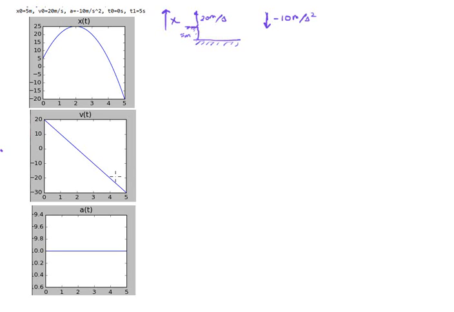the slope of the v versus t curve is the acceleration. So the slope of the v versus t curve is the acceleration. All right, so this has a negative slope. This is a negative number.